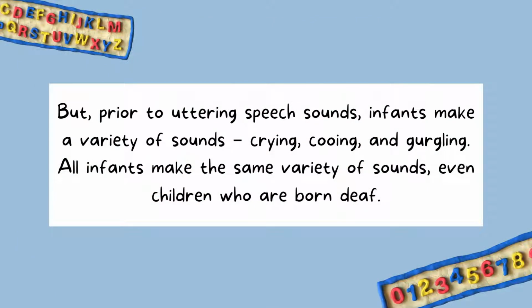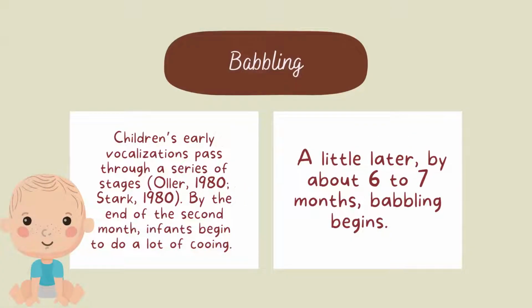But prior to uttering speech sounds, infants make a variety of sounds: crying, cooing, and gurgling. All infants make the same variety of sounds, even children who are born deaf. Children's early vocalizations pass through a series of stages. With the end of the second month, infants begin to do a lot of cooing.